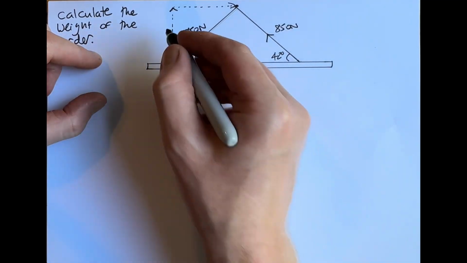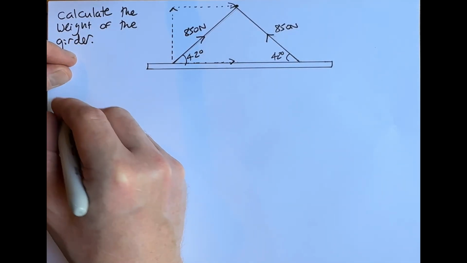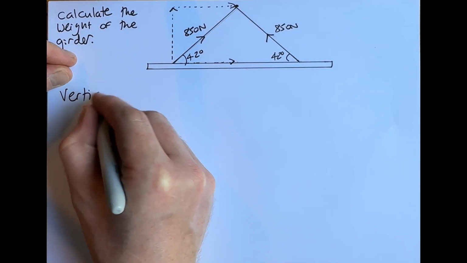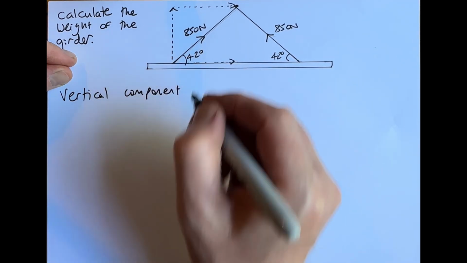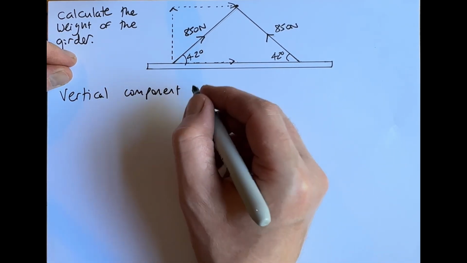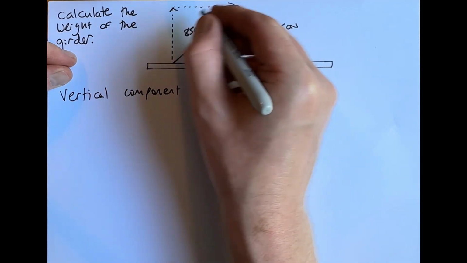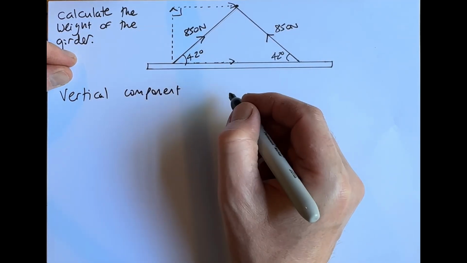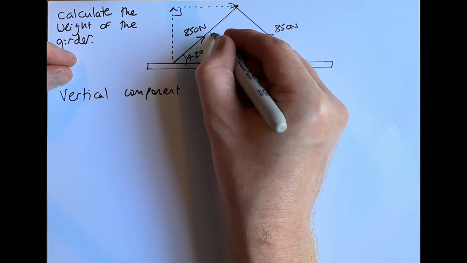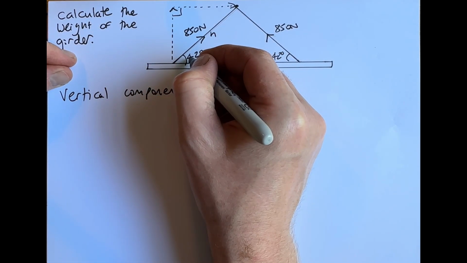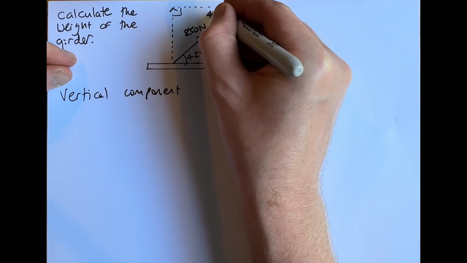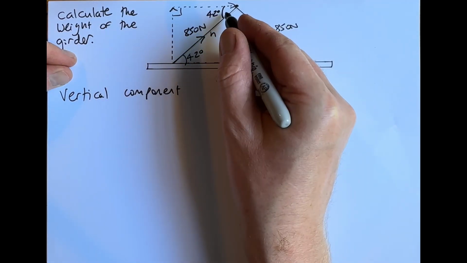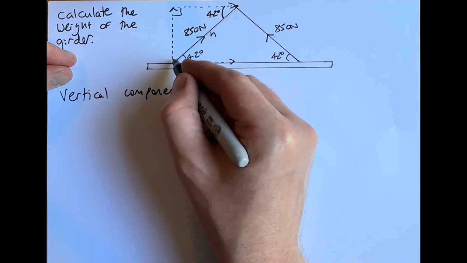Okay, so we want to work out this vertical component of the tension in this metal cable. To do that, we know that this is a right angle triangle, and we know that this is the hypotenuse. We know that this 42-degree angle is also 42 degrees there, from similar angles, or sometimes we call them Z angles.